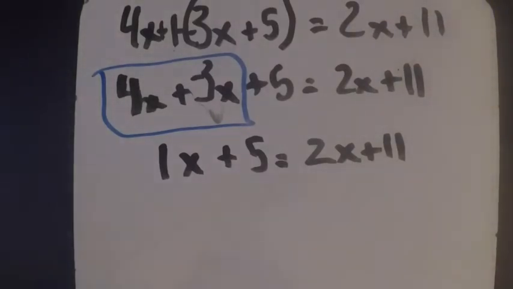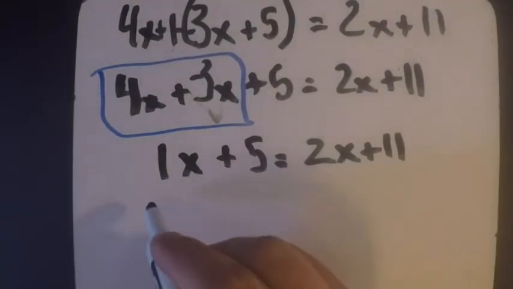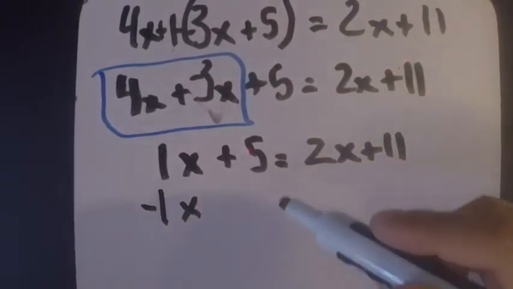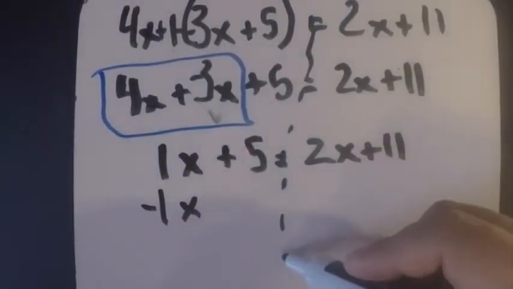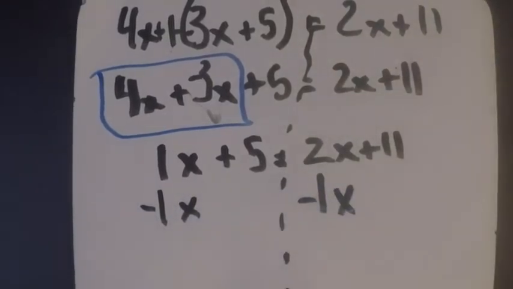So our two coefficients for our variable x are 1 and 2. We want to get rid of this 1x because that will keep it positive when we subtract from both sides here. So what we're going to do is subtract 1x from this side here. And again, remember we have our line of equality here. Then minus 1x from that side there.